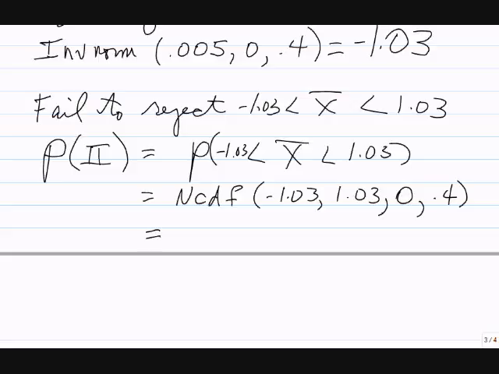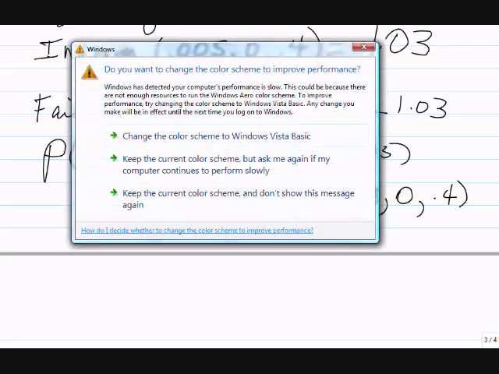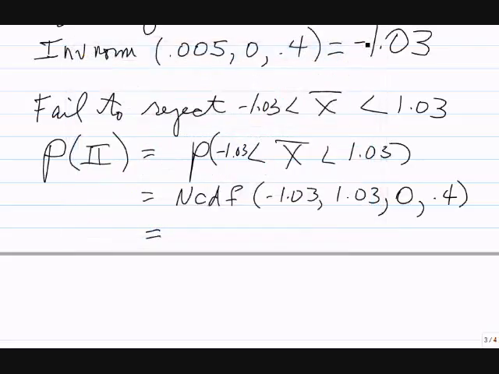I didn't get 0.97. I didn't get 0.99. It's a normal CDF from negative 1.03, 1.03, comma 0, comma 0.4.